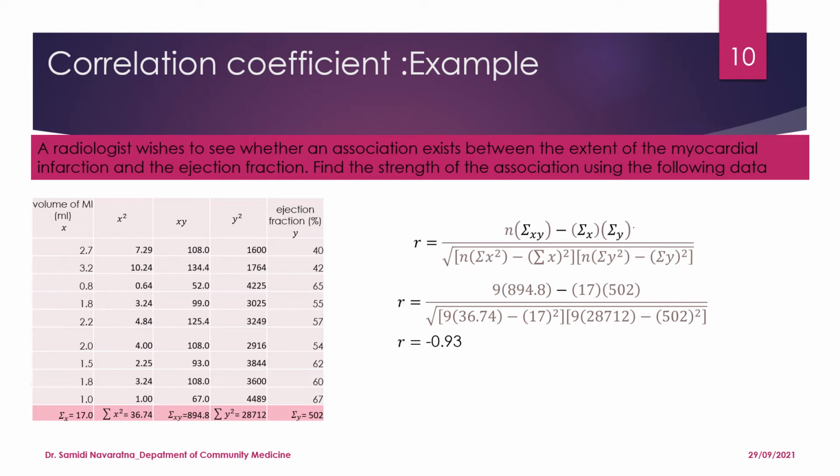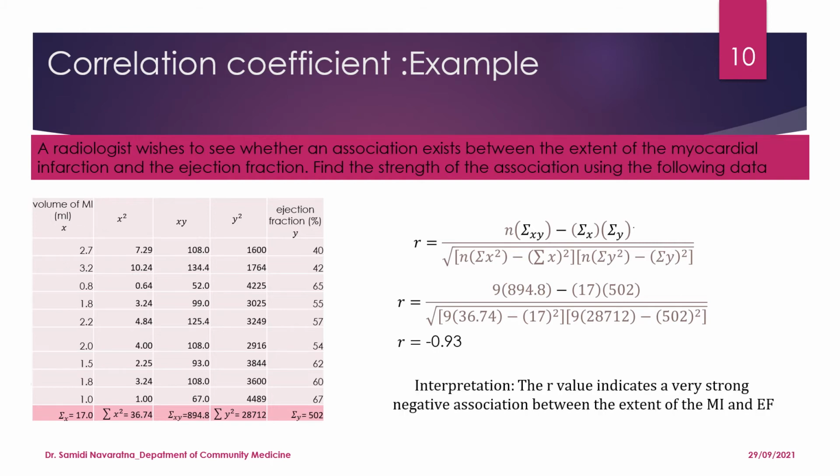So the calculated R value is minus 0.93. So which means there's a good negative correlation between the two variables.